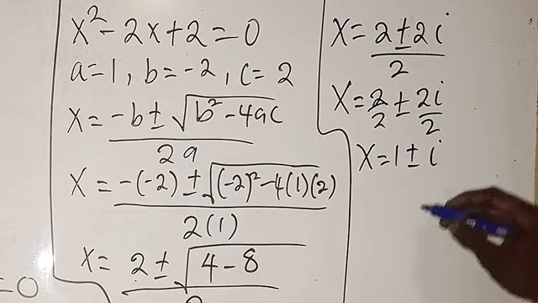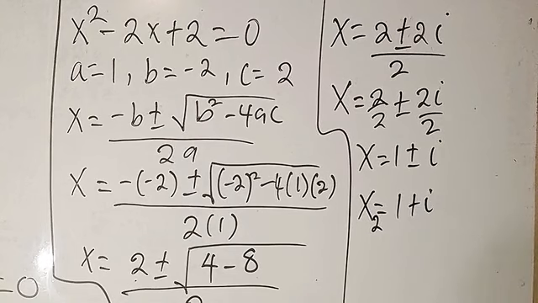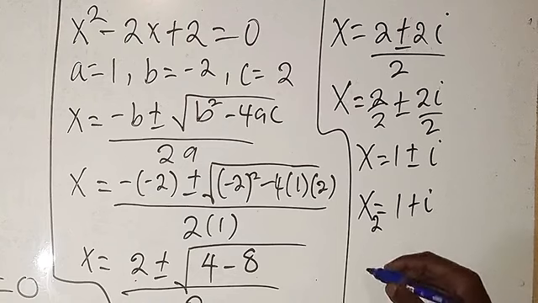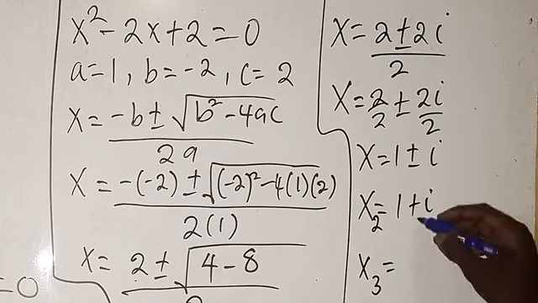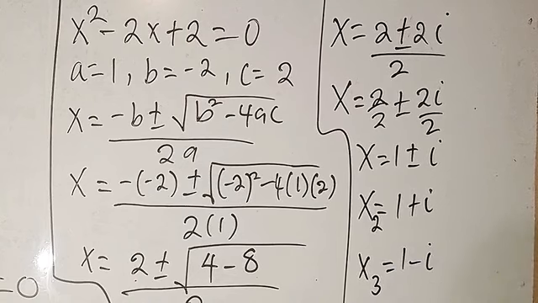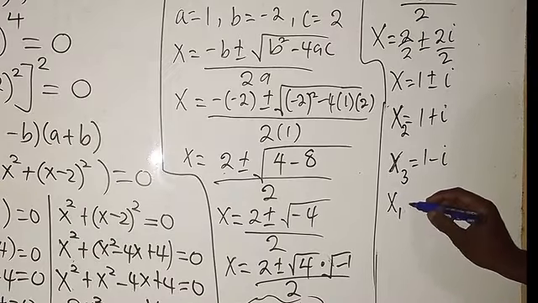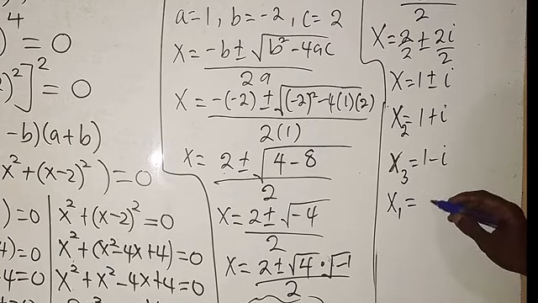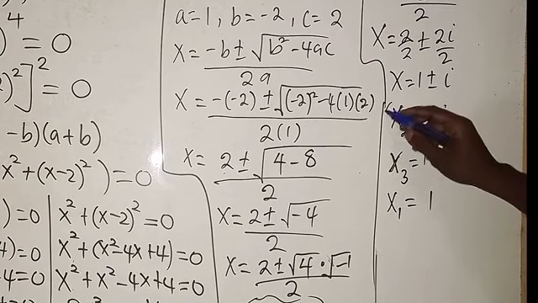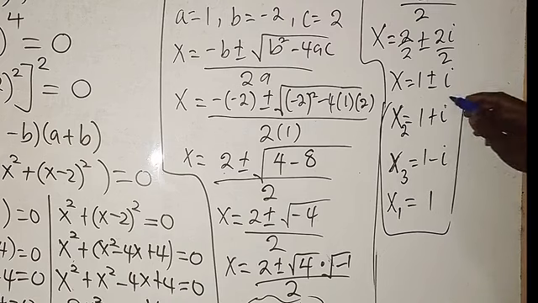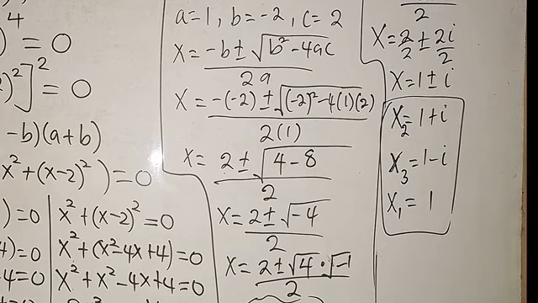So x2 will now be 1 plus i, taking the first positive value, then x3 is going to be 1 minus i. So let us bring the first solution we have, which is x1 equals 1. So these are the possible solutions we have here.